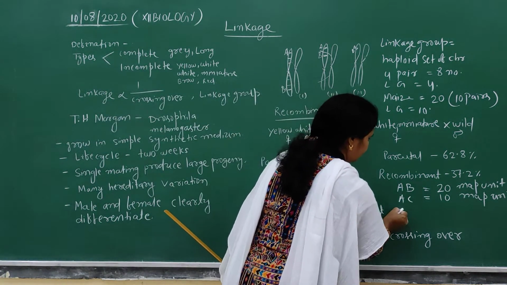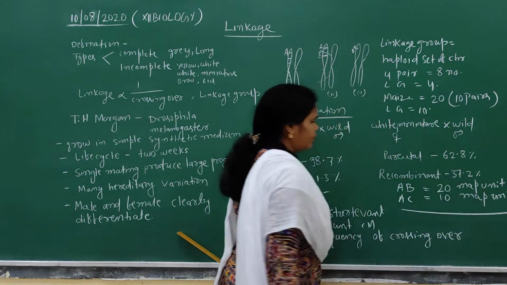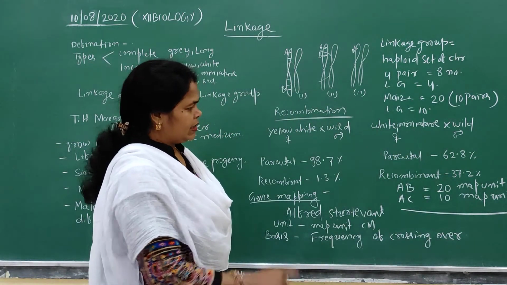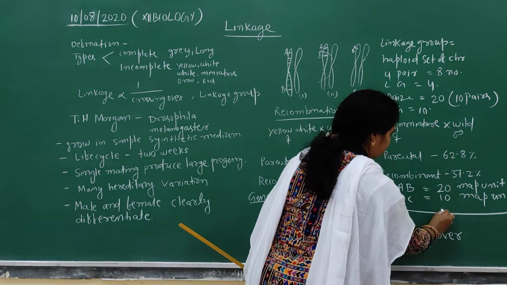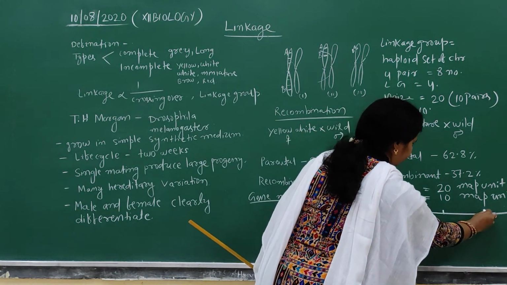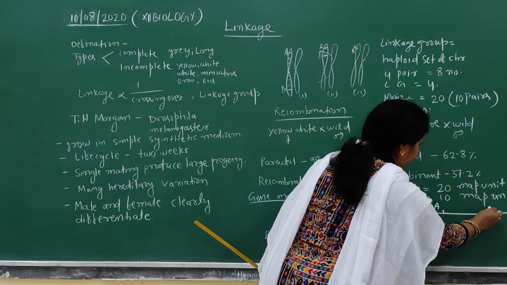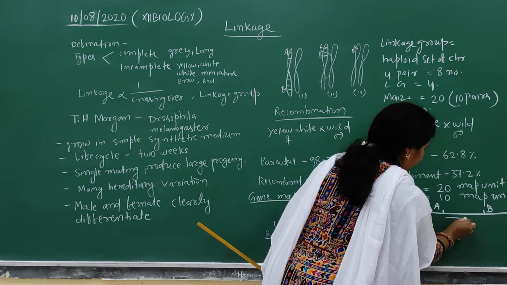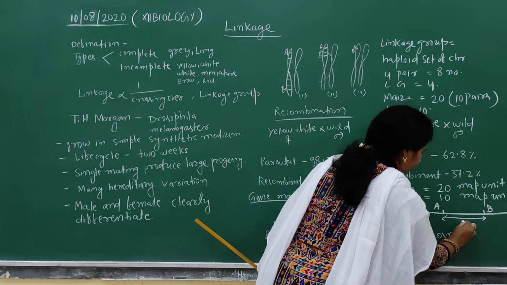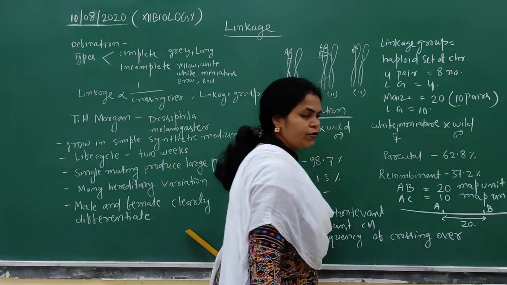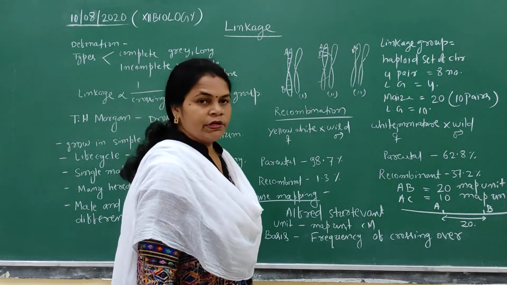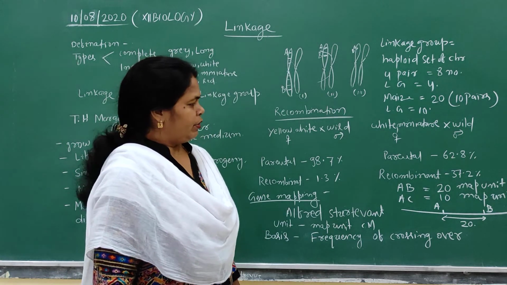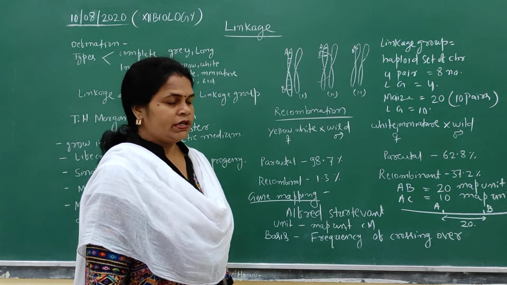Suppose this is your chromosome, this is gene A, this is gene B, and here it is 20 map units. Then AC equals 10 map units.